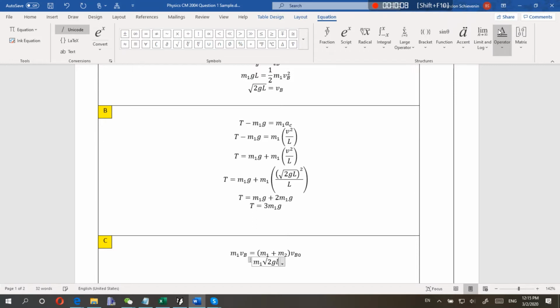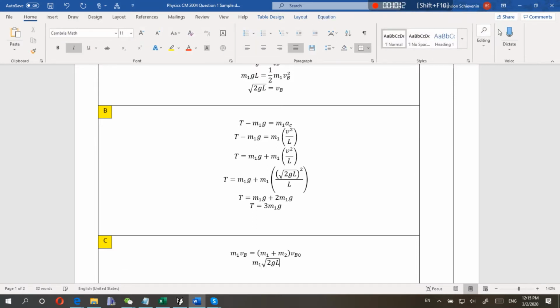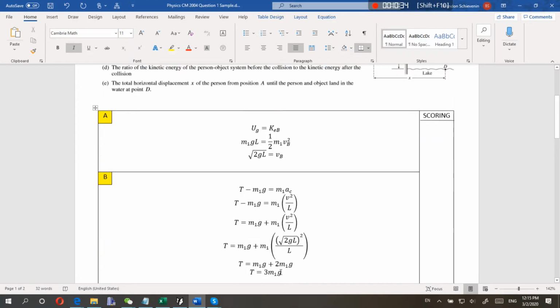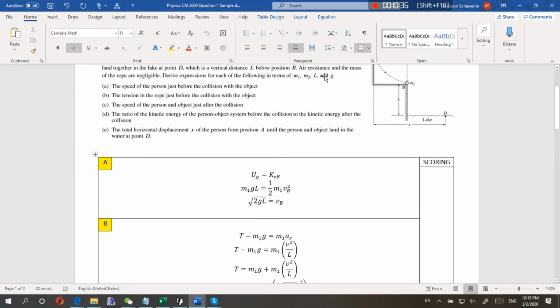Square root 2GL over M1 plus M2 is equal to V sub B naught. That's fine. And I think we can leave it like that, right? So that's M1, M2, GL. Yeah, okay. So we should be fine to leave it like that.